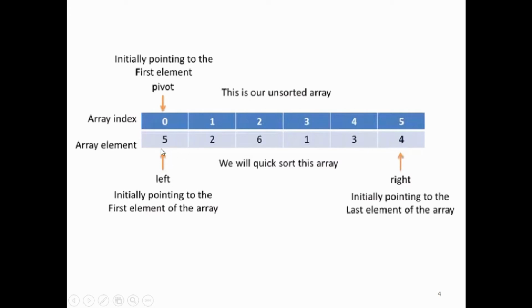If the pivot value is greater than the rightmost element, then the rightmost element and the pivot will swap their positions, and if the pivot value is less than the left, then the pivot value swaps with the leftmost element.